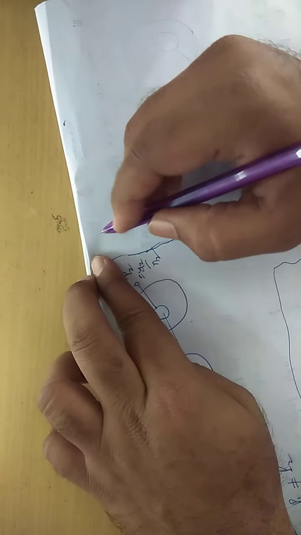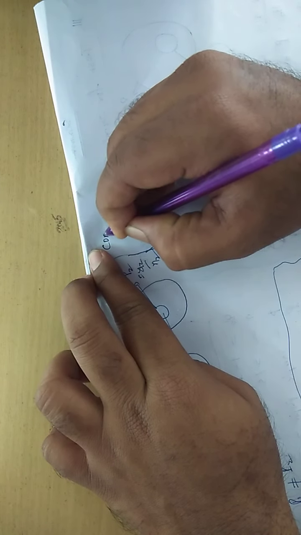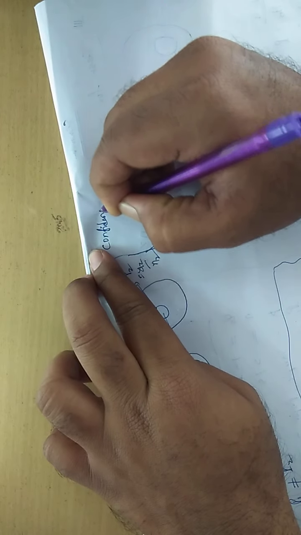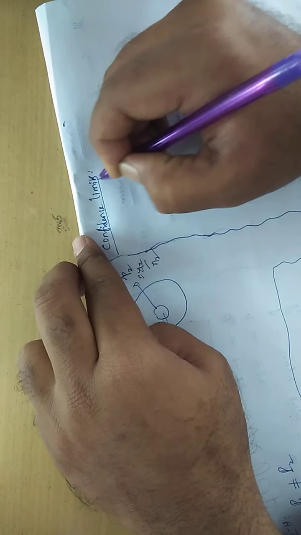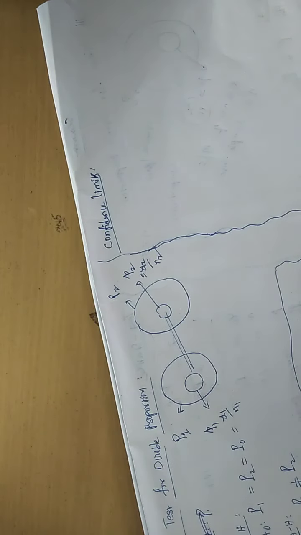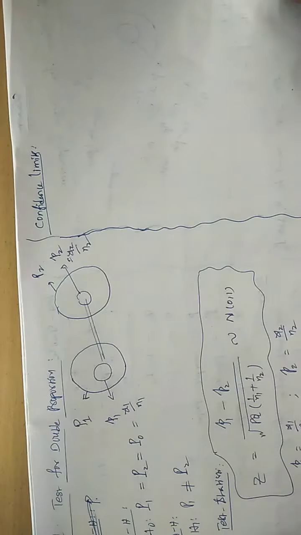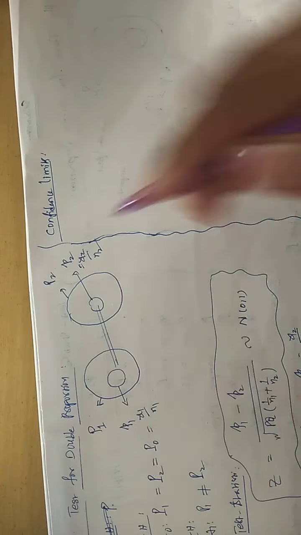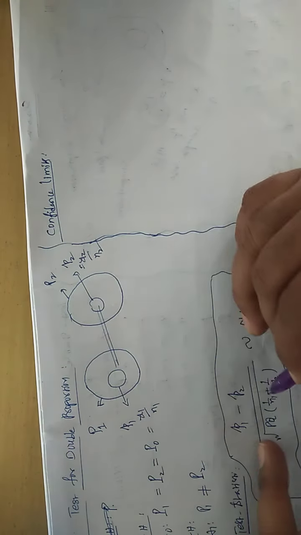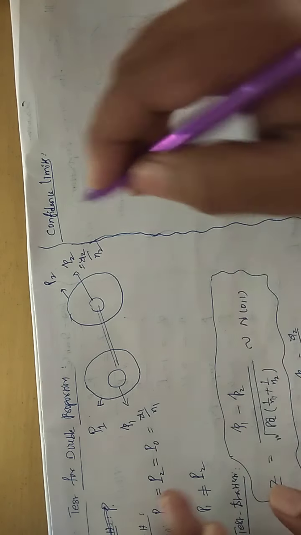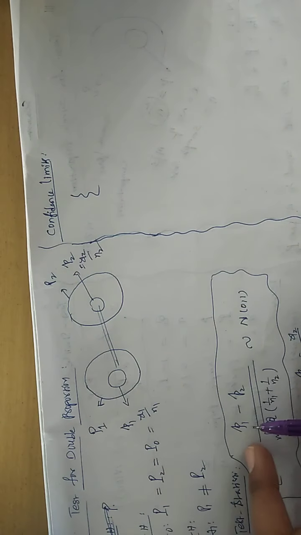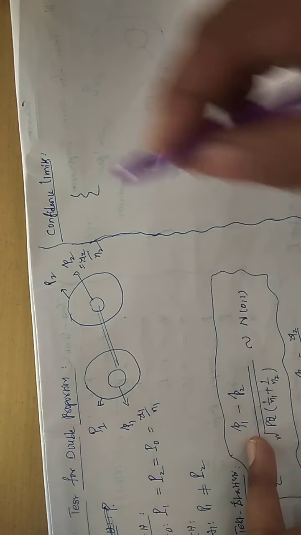Then what are the fiducial limits? Very, very important. Fiducial limits are the confidence limits. Remember that you need not memorize the confidence limits formula. It is just a rewriting, readjusting of the given test statistic. How to do that? In this formula, whatever sample information is there, you write down. Generally in the comparative test, the numerator becomes the sample information.